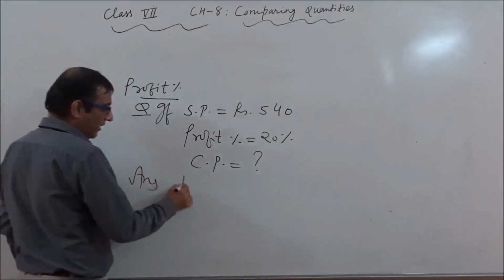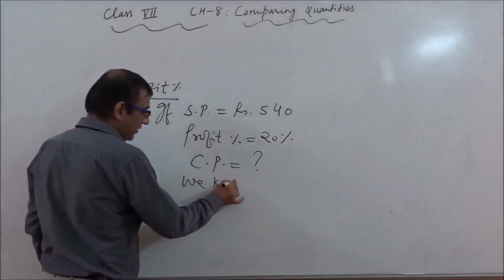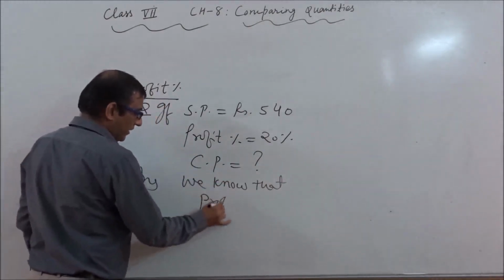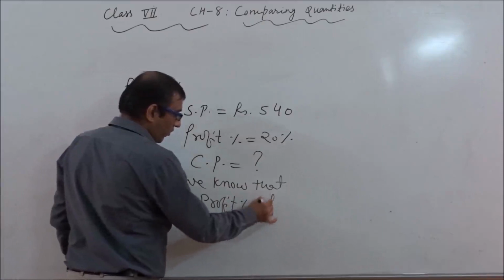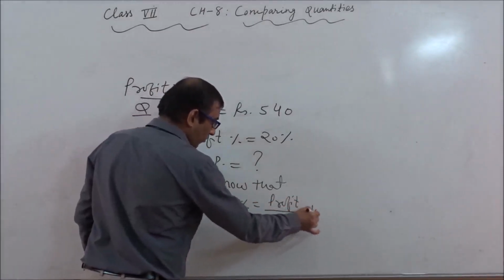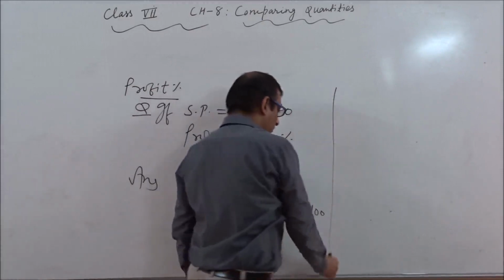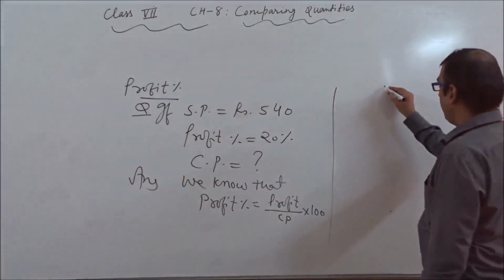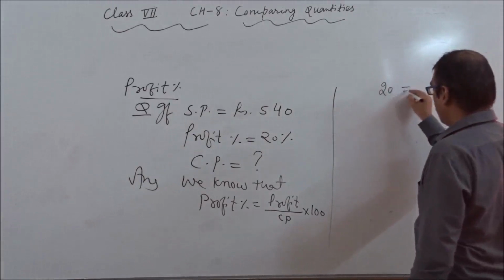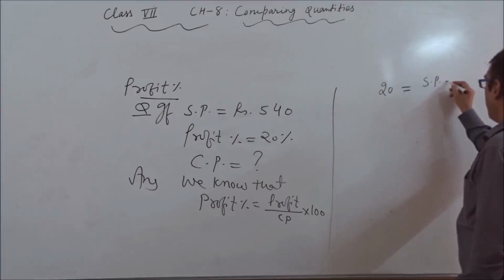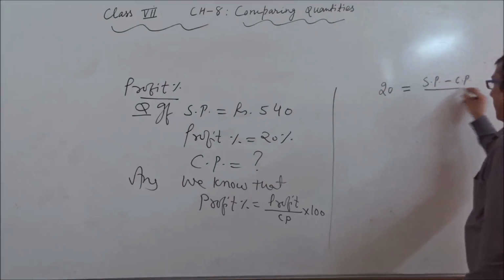So what we will write here? We know that profit percentage is profit upon CP into 100. So what we will do? We will write here the value of profit percentage, that is 20, and the formula of profit is SP minus CP, right?